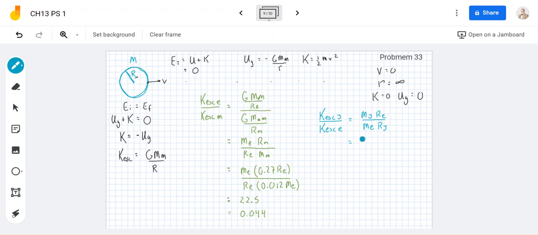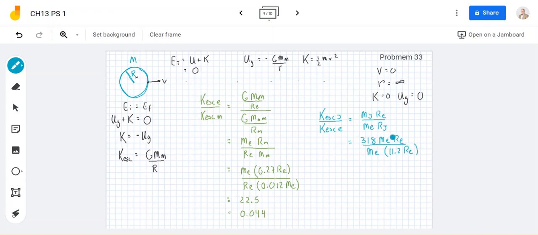According to the internet, Jupiter is 318 times more massive than the Earth, and its radius is 11.2 times larger.